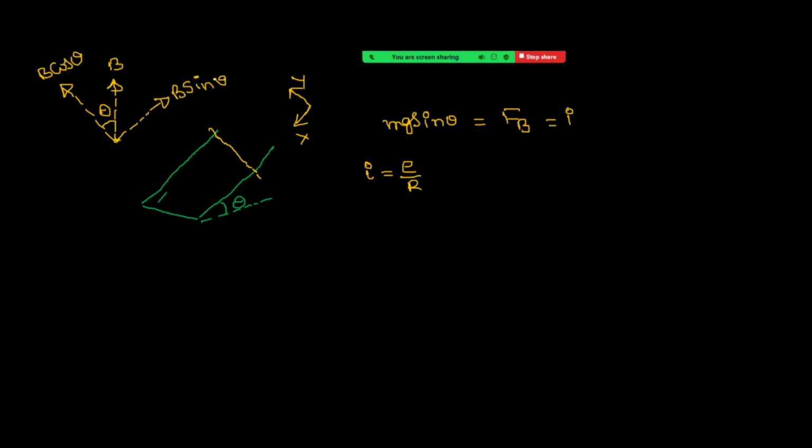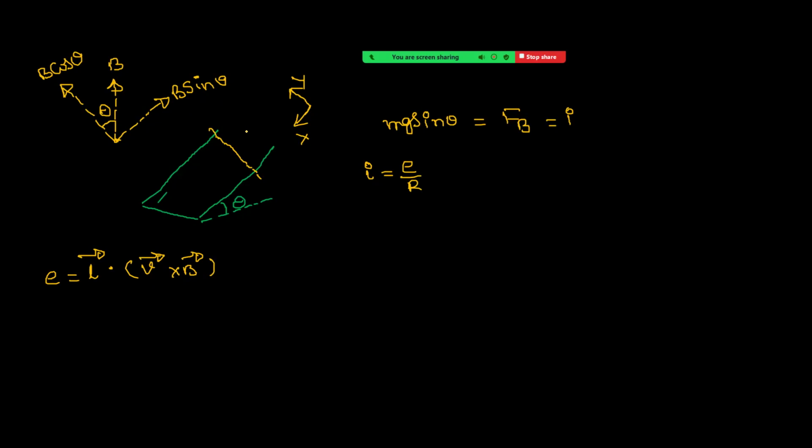Now, once again, EMF induced is equal to L bar dot V bar cross B bar. You can see velocity down the incline is along the positive x-axis, and this component of field is along the negative y-axis.